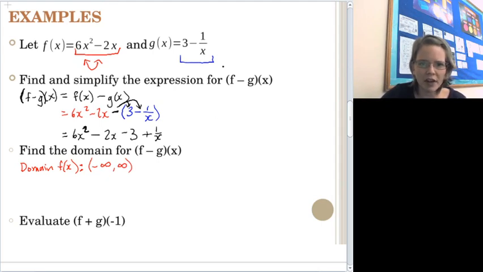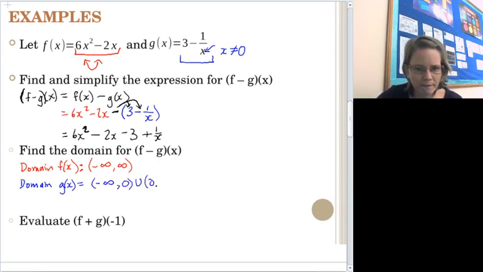Now the function g, on the other hand, does have a denominator. So when I'm thinking about the domain of g, I have to remember the denominator is not allowed to equal 0. So x is not allowed to be 0, which means when I'm thinking about the domain of g, I will go from negative infinity up to 0, jump over 0, and go all the way to positive infinity.